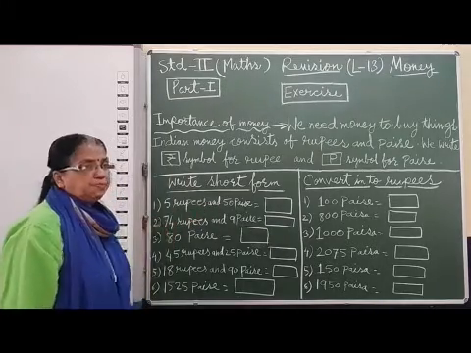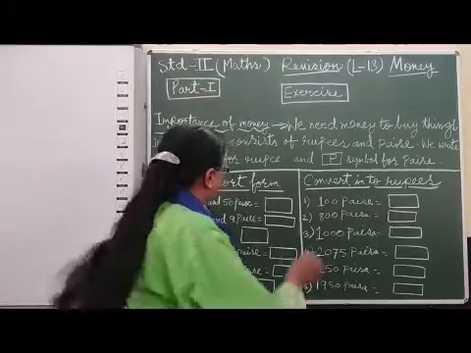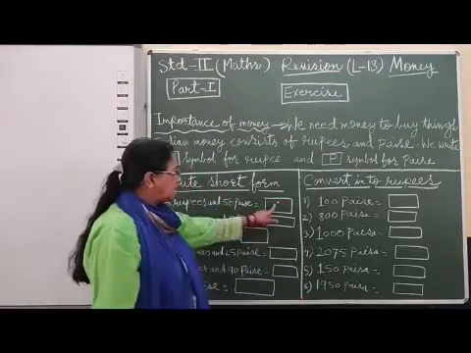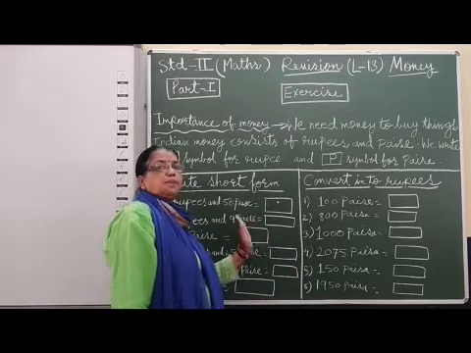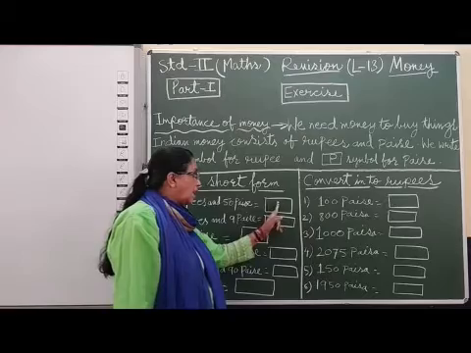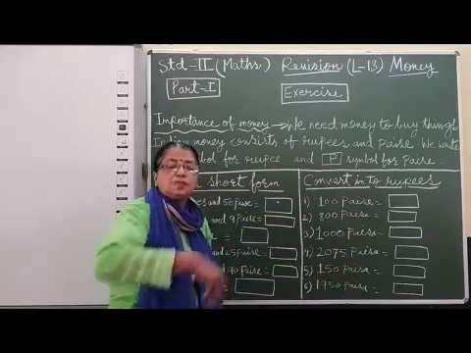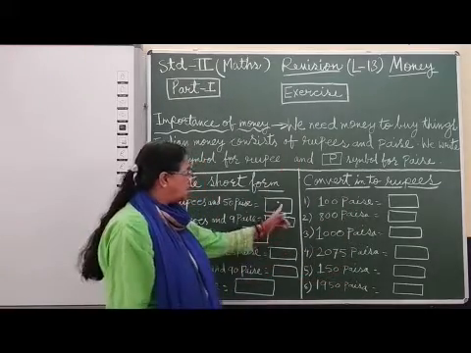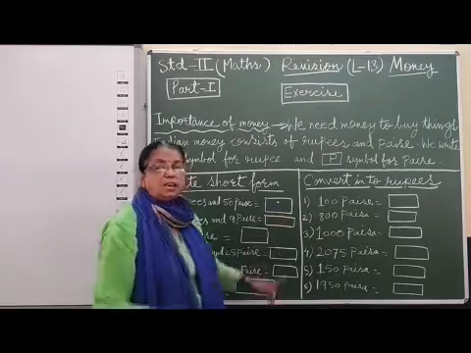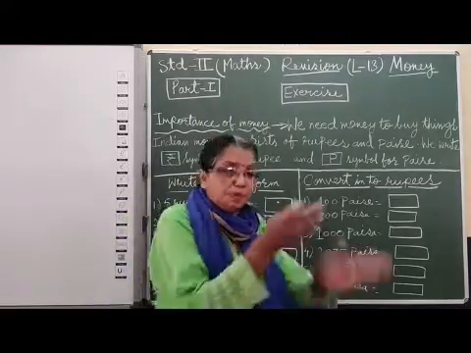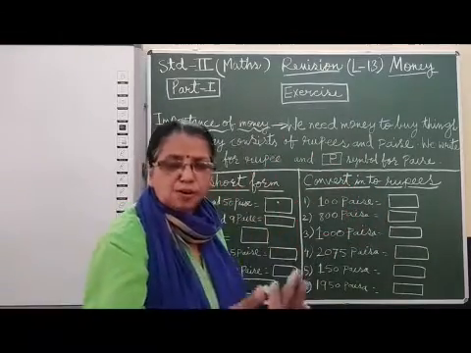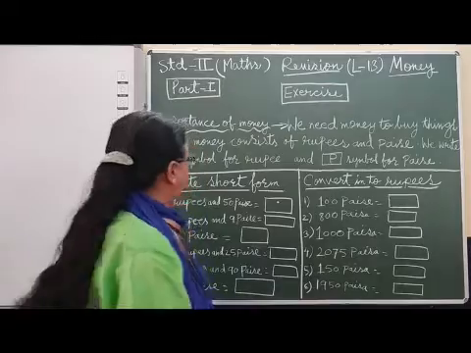5 rupees and 50 paise. As I show you here, a point. Before this point, whatever rupees there are, we will write, and after this point, whatever paise there are, we will write. That means the point will be in the middle, with the rupees part before the point and the paise part after it.